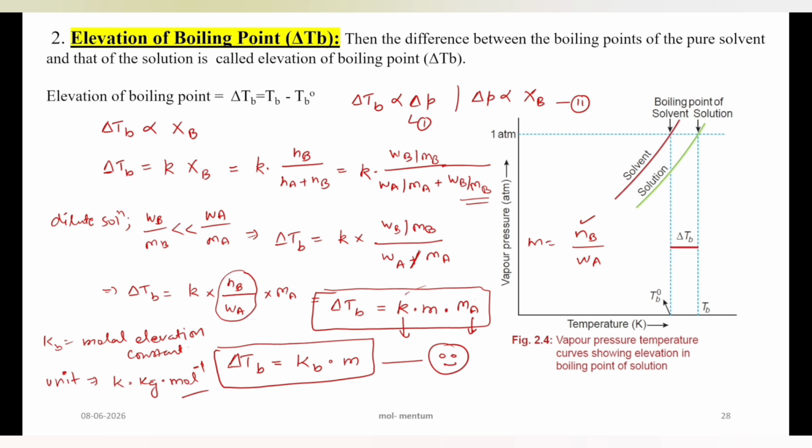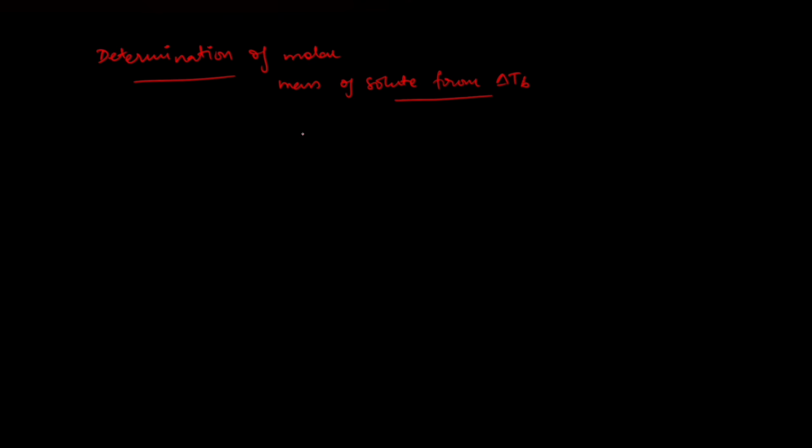Now coming to the second part of elevation in boiling point: determination of molar mass of solute from delta TB, that means from elevation in boiling point. So mB is the molality of the solution. We have written delta TB is equal to Kb into m.